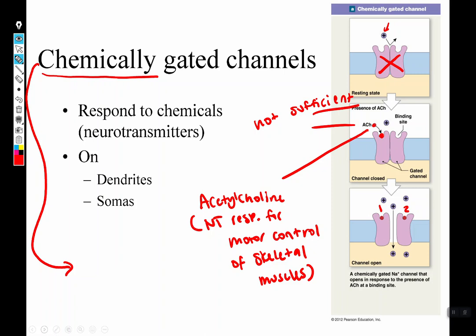So what this means is that the amount of chemical, typically a neurotransmitter, although not always, is proportional, which is what this open infinity symbol means, to the number of channels that are actually able to open.